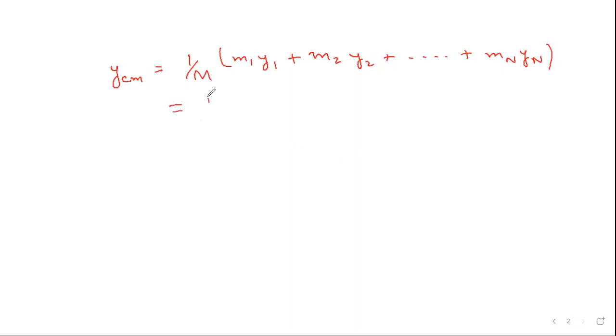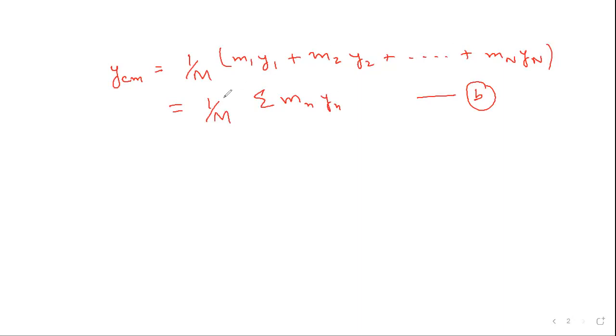Which is equal to 1 over m in compact form summation m little n y little n, right? I name it equation B.